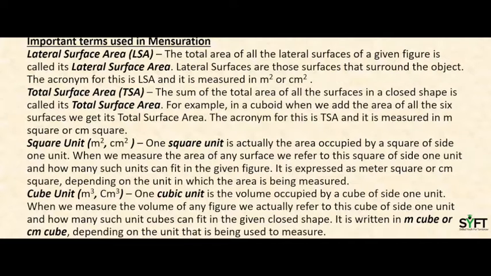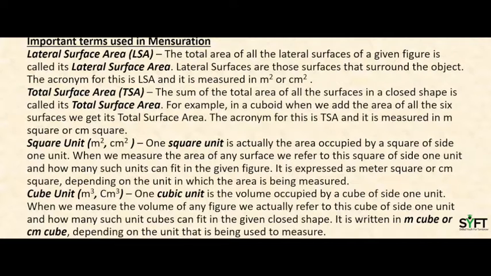Next is total surface area. The sum of the total area of all the surfaces in a closed shape is called its total surface area. For example, in a cuboid, when we add the area of all the 6 surfaces, we get its total surface area. The acronym for this is TSA and it is measured in meter square or centimeter square.